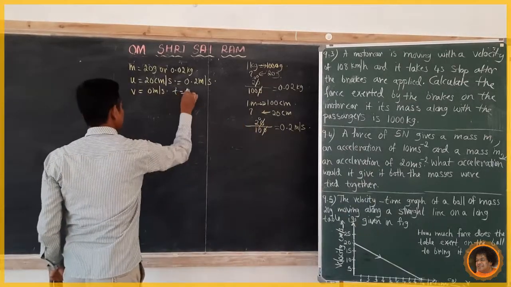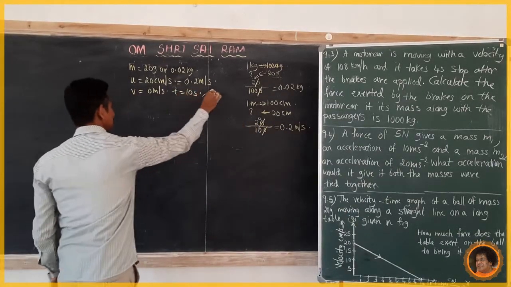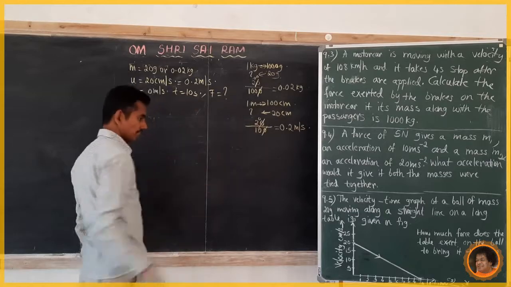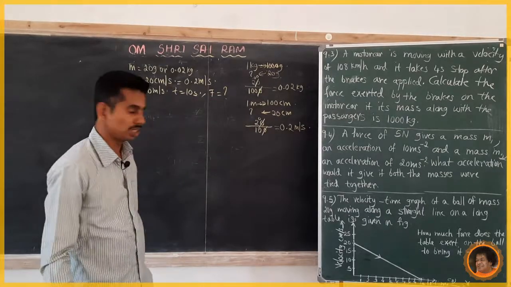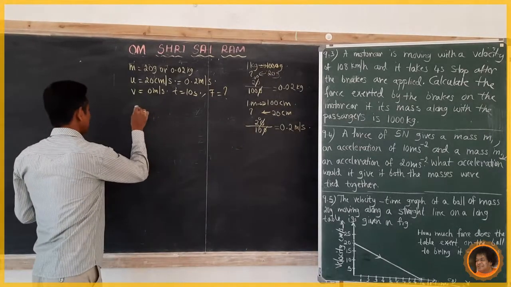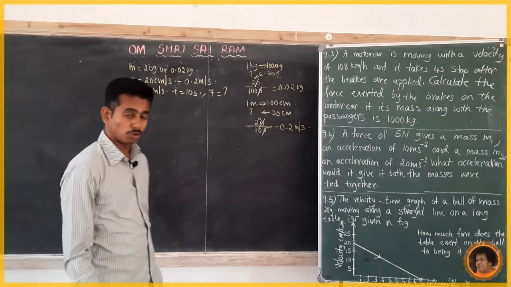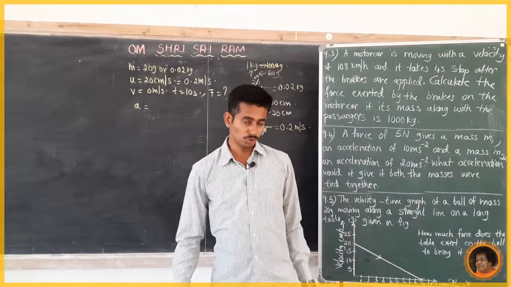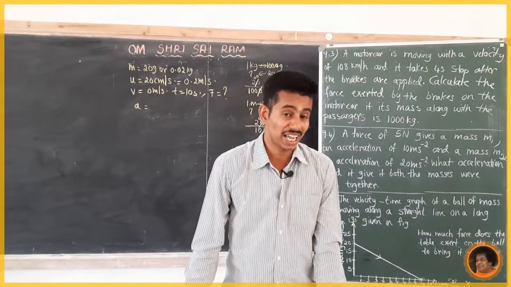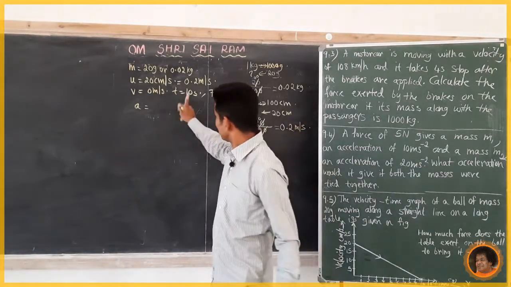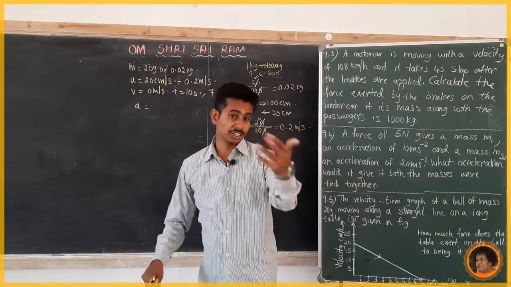Time equals 10 seconds. Find the force exerted. First calculate a. Why? Because to find force we require mass into acceleration. Mass is given, but acceleration is not given.